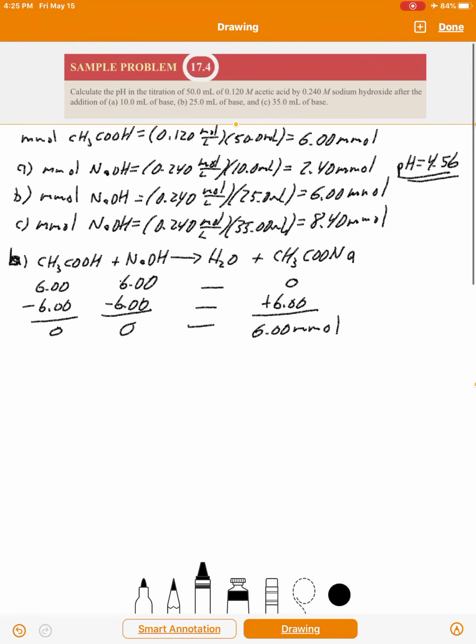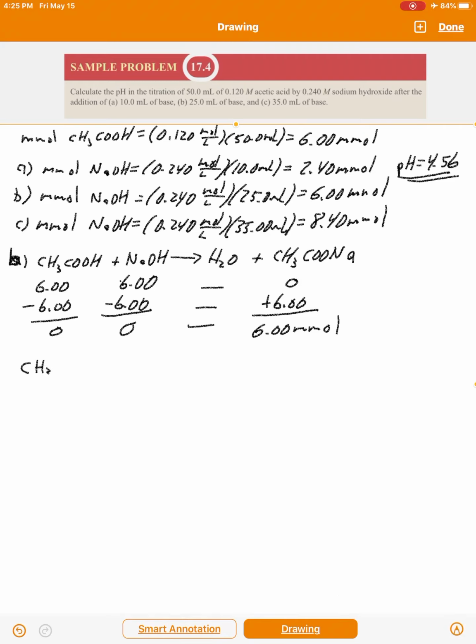Okay? So that means we have a weak base problem. We have to figure out what the pH of 6 millimoles of sodium acetate in a volume of, it looks like 75 milliliters. What's the pH of that solution going to be? Okay, so CH3COO minus, I'm going to take the sodium off just so that we can show it as a conjugate base reaction.